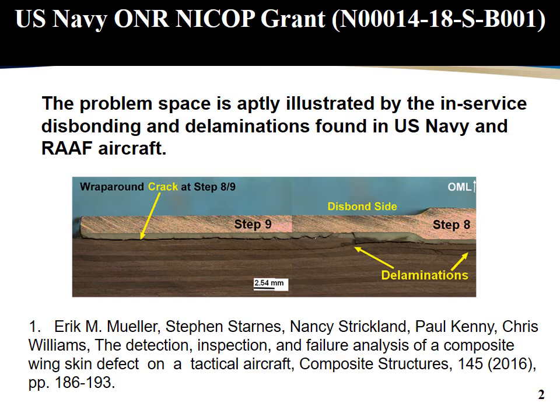The problem space that we're considering is aptly illustrated in Figure 1. This figure shows the in-service disbonding and delaminations that have been found in US Navy and Royal Australian F-18 aircraft. The figure is of a cross-section of a titanium to composite joint which occurs in the inner wing of the F-18 aircraft.